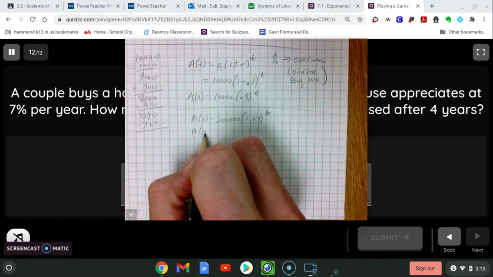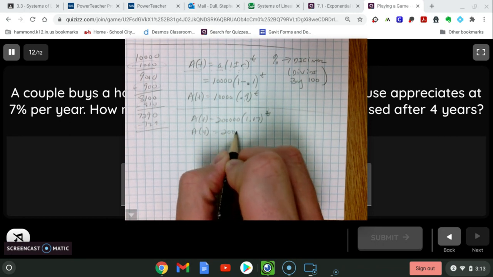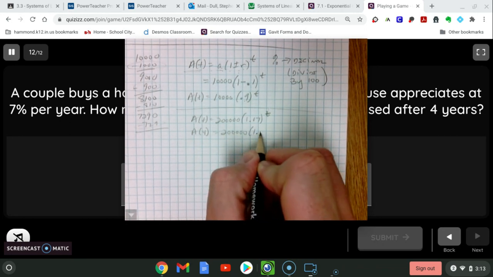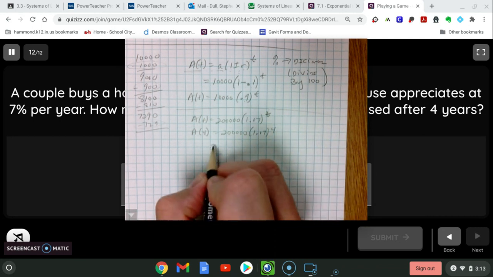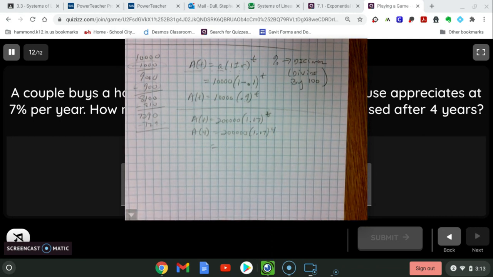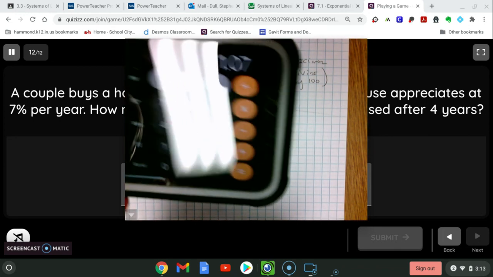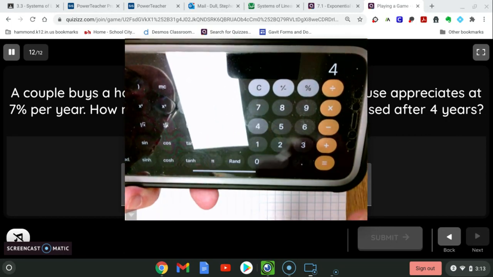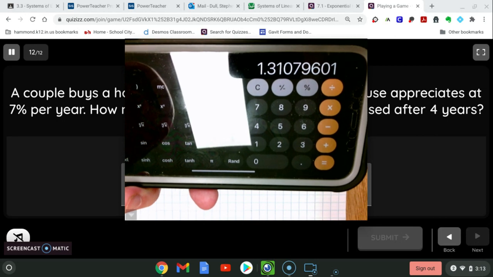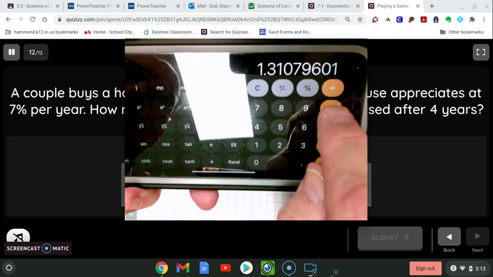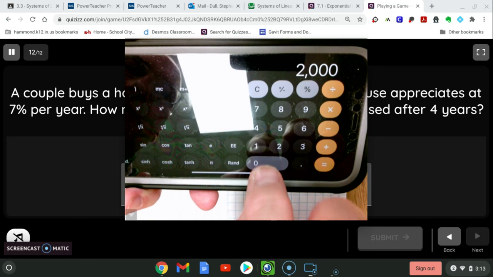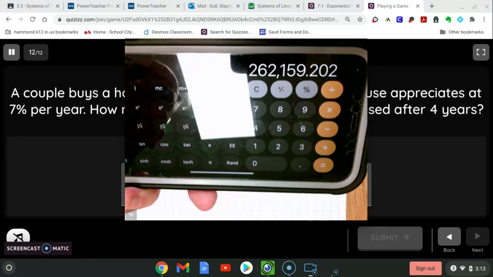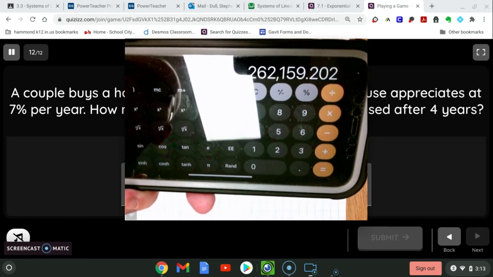So A of 4 equals 200,000 times 1.07 to the fourth. Okay? So we go to our calculator. 1.07 raised to the fourth power. 1.31 something, something, something, something times 200,000. 262,159.20.